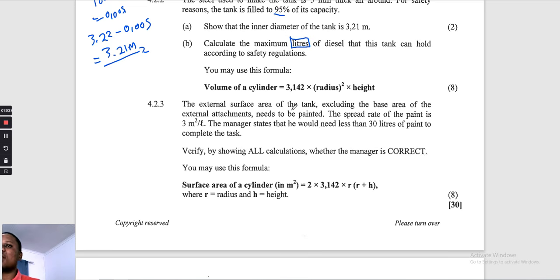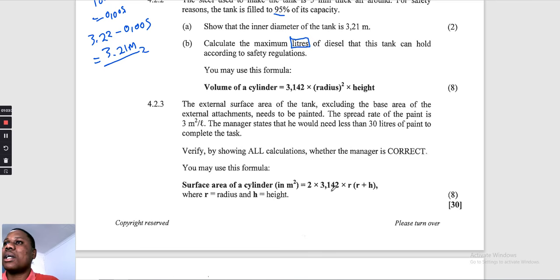You may use this formula. Surface area of a cylinder in meter squared is equal to, now you are given this formula to follow. Because this type of cylinder has some attachments, we can use this formula to calculate that surface area.